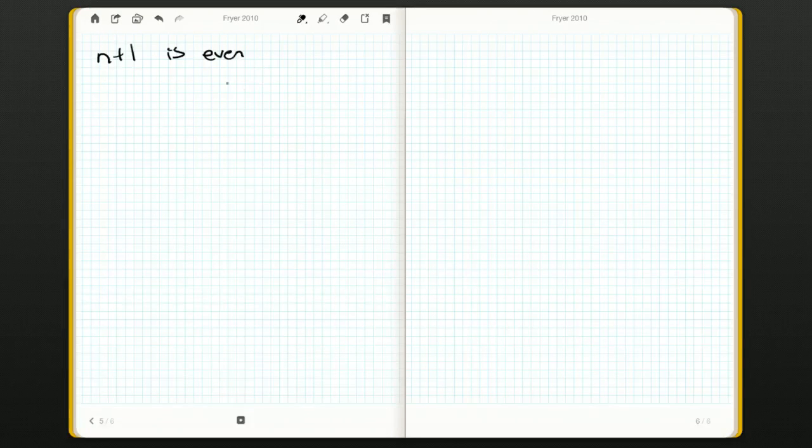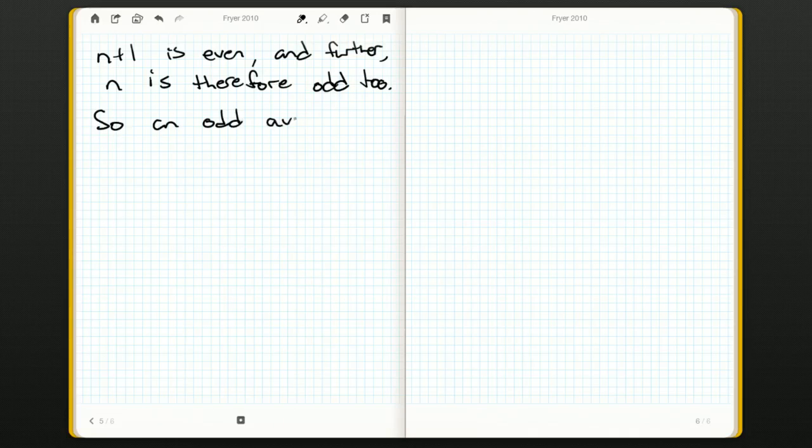So the number before an odd number is always an even number. So if n plus 2 is odd, then n plus 1 is even. If we go one step further, so if we have an odd number for our average, then our n value also had to be odd.